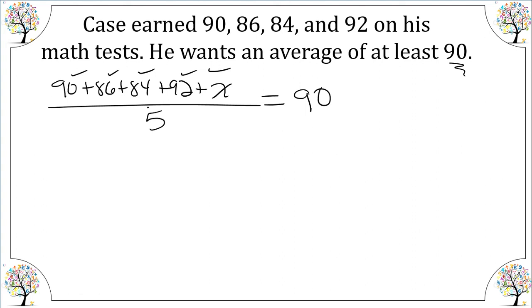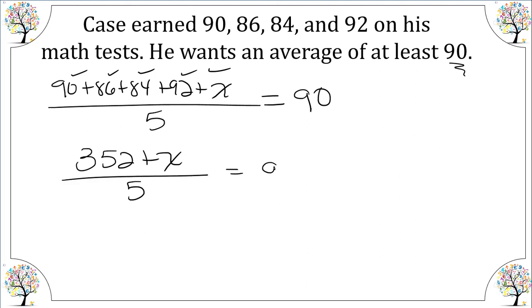Here's our formula. Now we have to combine like terms. So I'm going to take my calculator. 90 plus 86 plus 84 plus 92, and we get 352 plus the x divided by 5 equals 90.